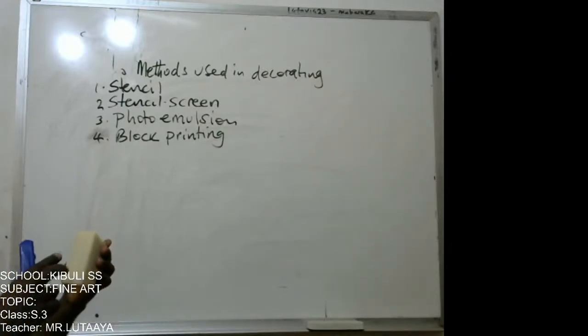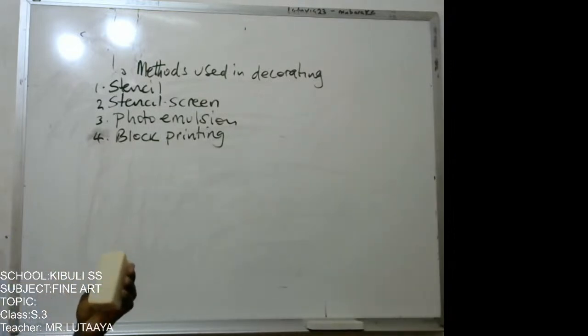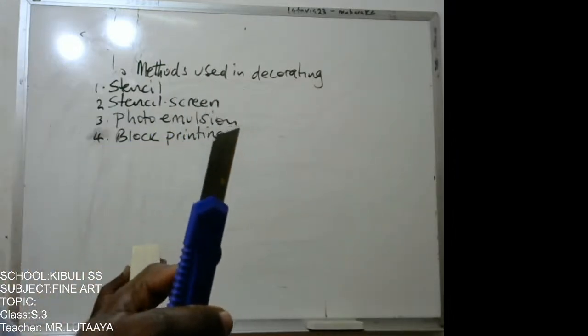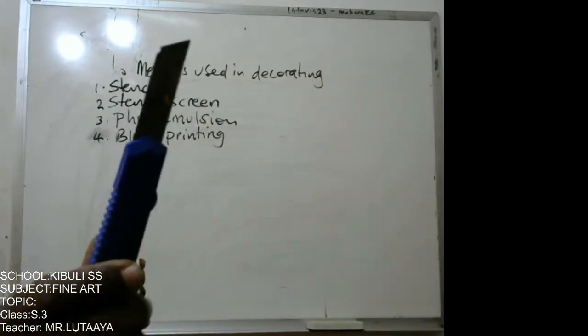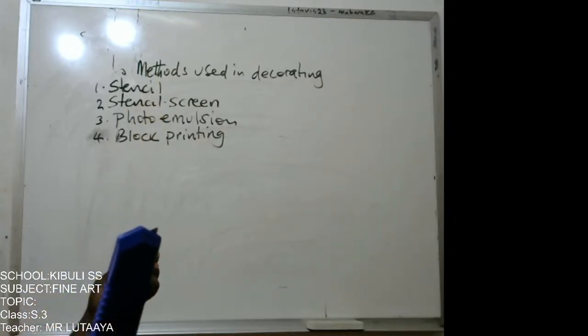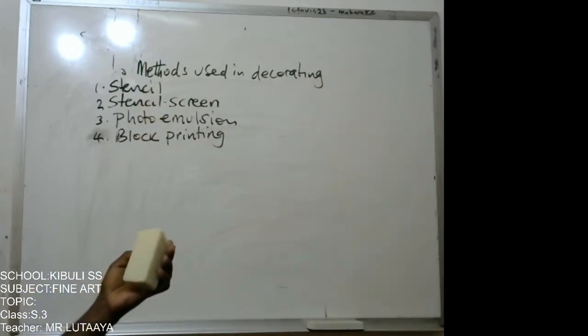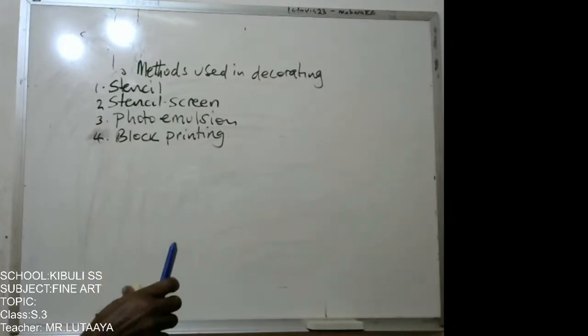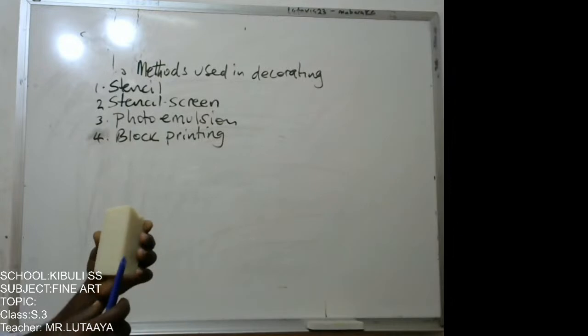First, create a design here and transfer it. Now you get a cutting tool. Here I have my cutter. I want to create a small design here. Already there are some words here.